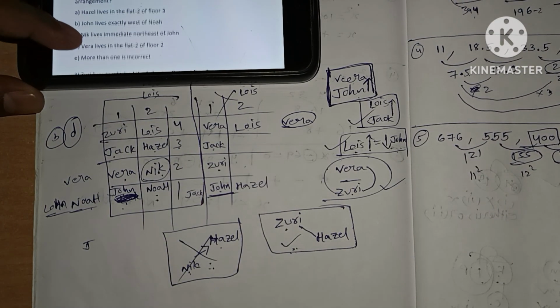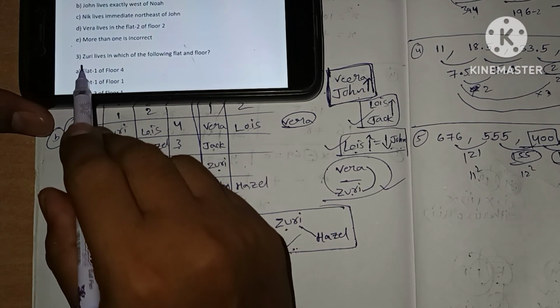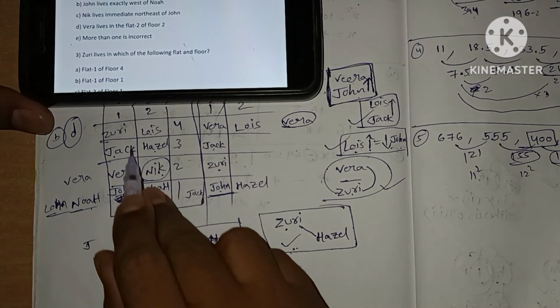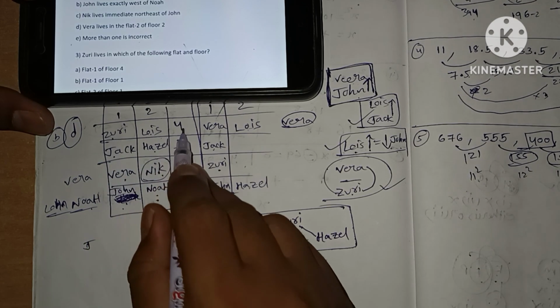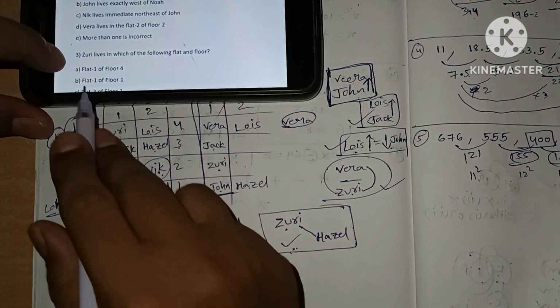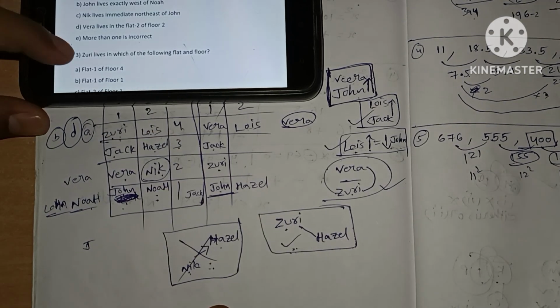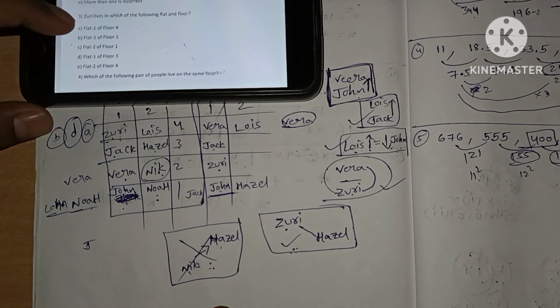Next question. Jury lives in which of the following flat and floor? Jury lives in floor 1, flat 1. First option, option A. Next, fourth question.